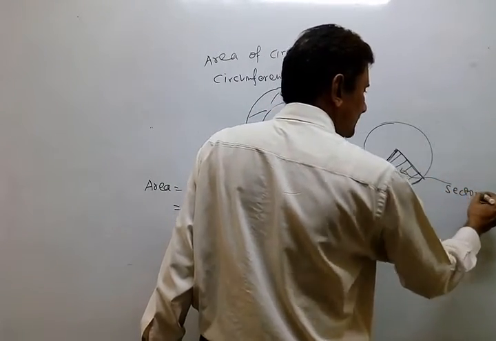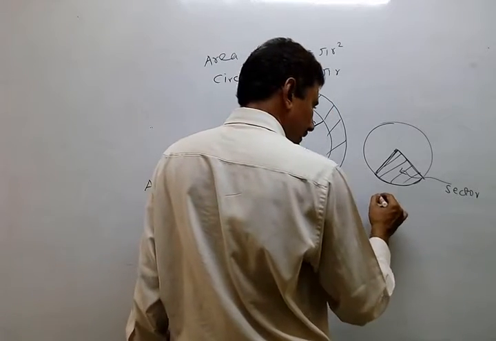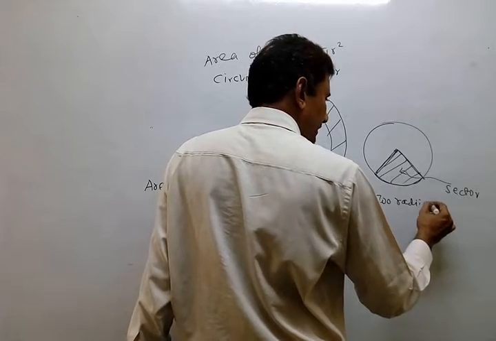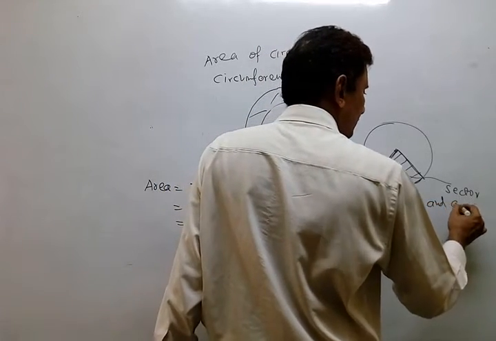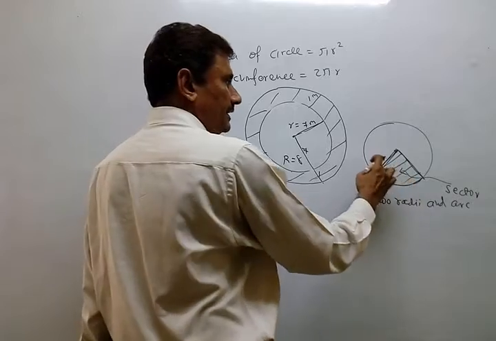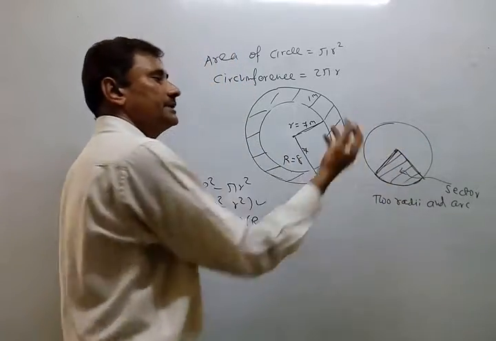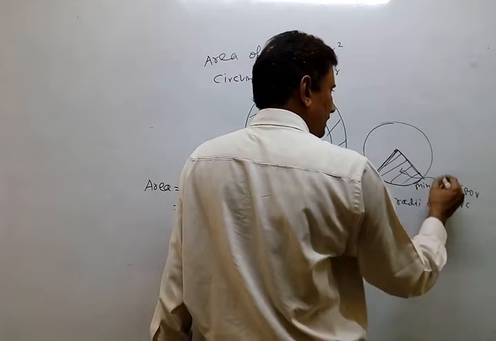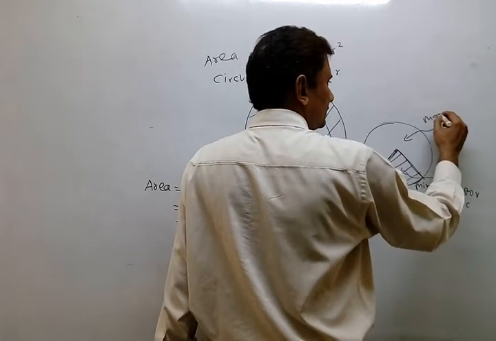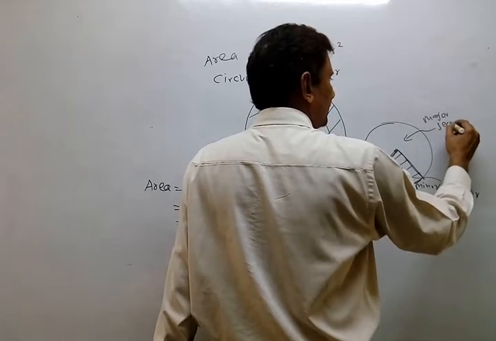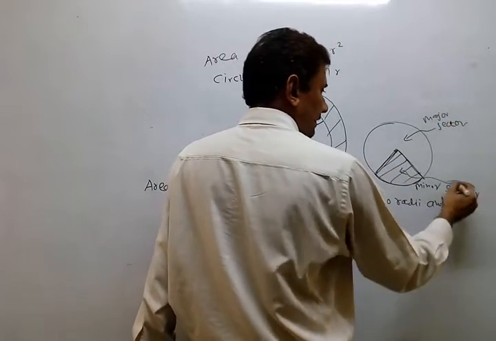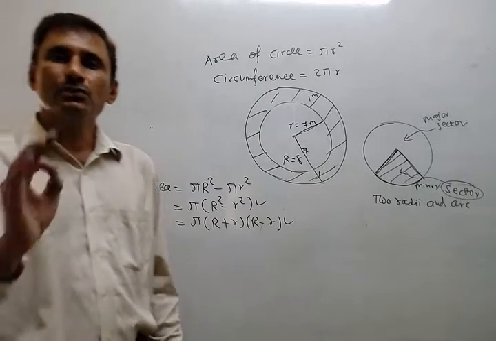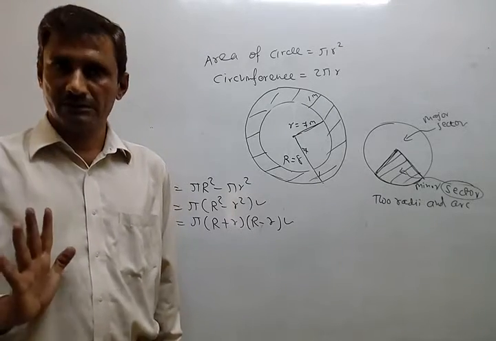This is a minor arc and this white portion, the remaining, is the major arc. So this is the minor sector and this is the major sector. So we just get familiar with these terms. What is meant by a sector? A sector is nothing but the part enclosed by 2 radii and 1 arc.